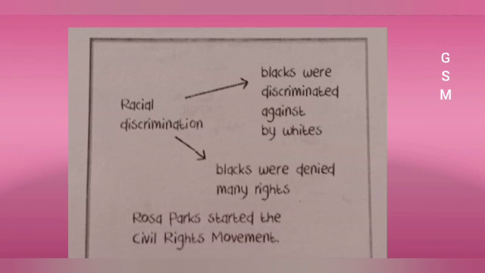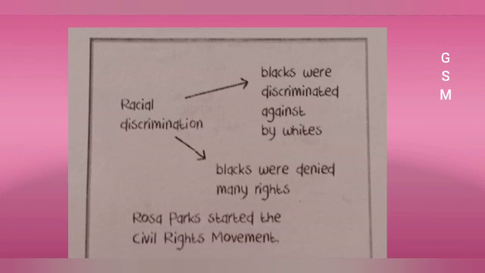Africans first arrived in the USA as slaves in the 1600s. Although slavery was abolished in 1865, African Americans or blacks still faced many forms of discrimination from European Americans or whites.